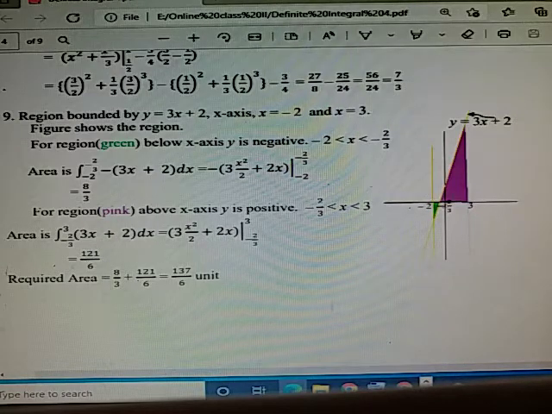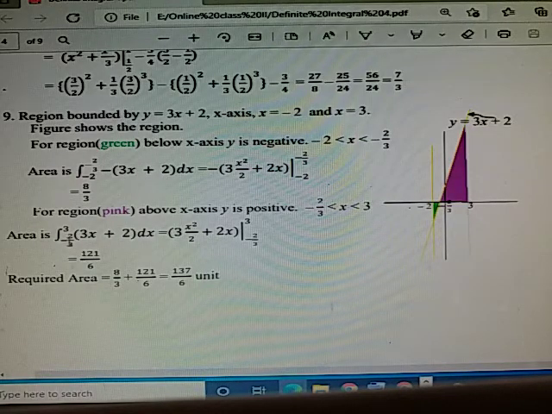But here you see this value is negative. Because it is negative, we have to take the modulus of this. The modulus of this is minus of this. So for the negative part, 3x plus 2, it is from minus 2 to minus 2 by 3, and this part is negative, which is why we consider the negative part.